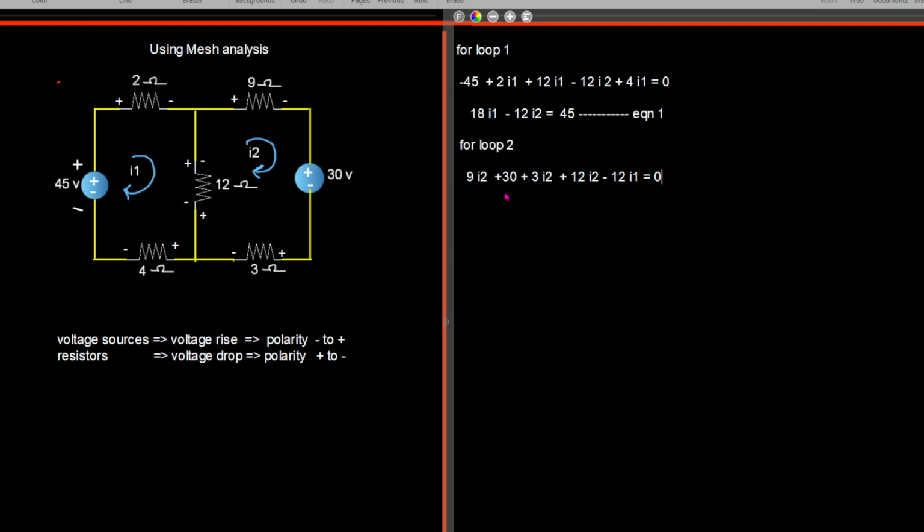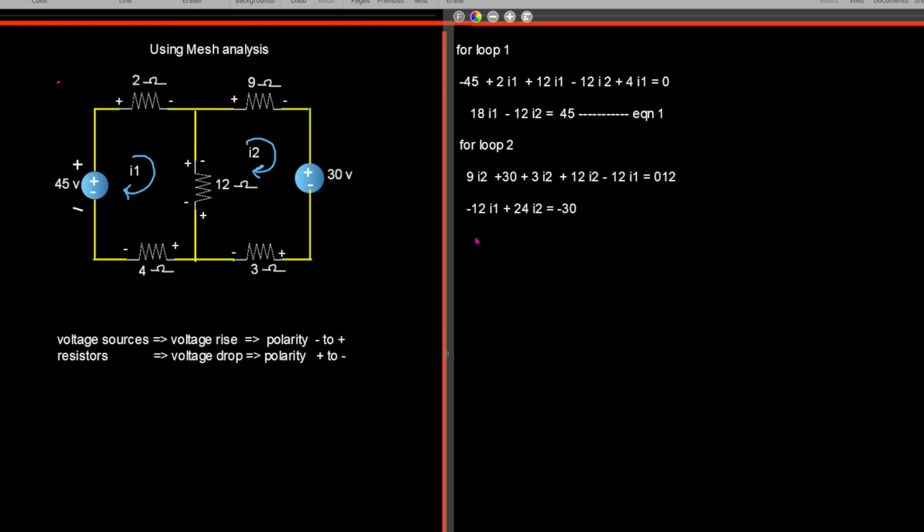Okay, now we combine all the I2s together and I1 together, so we get minus 12 I1 plus 24 I2, that is equal to minus 30.